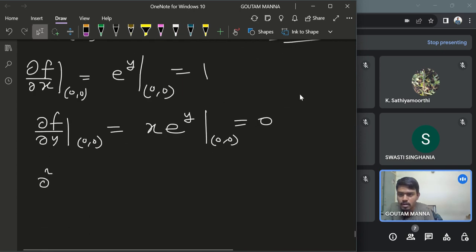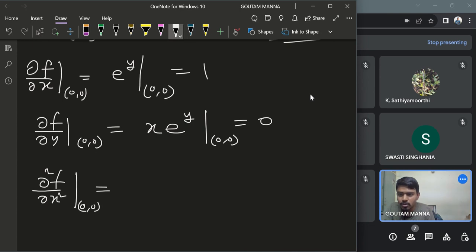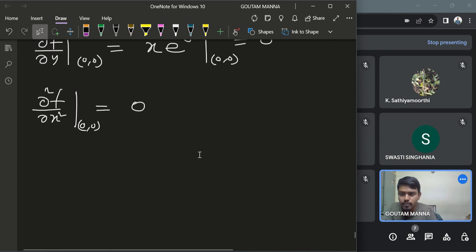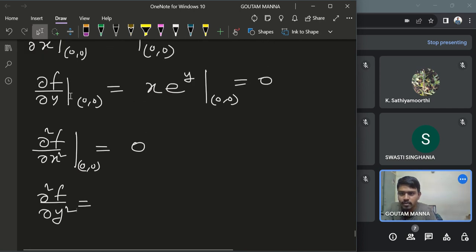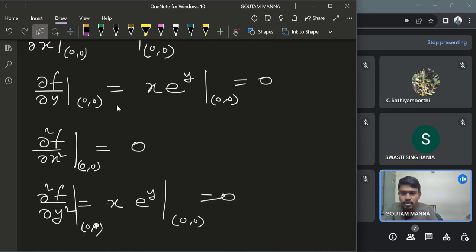So del 2f del x2 at point 0 0 is, del x of del f del x, and del f del x is e to the power y, so it is already 0 at all points. Del 2f del y2 equals del y of del f del y, and del f del y is x e to the power y, so del y of that will be again x e to the power y, at point 0 0, 0 again.